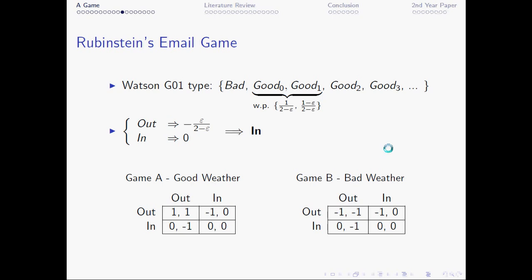If it's good zero, I know from the previous slide that Sherlock Holmes will stay in, so I will get -1 for sure. Similar to the last case, the most I can get if we are in the good one state is 1. It's not necessary that we will get this, but the most we can get is 1. So with the probabilities we compute again, we get a negative number, so we will still stay in.